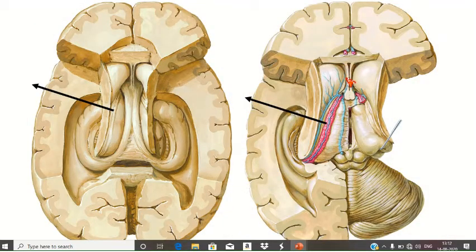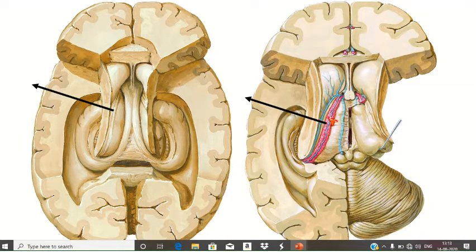Let me show you all the structures over here. Here is the superior surface, or upper surface, of the thalamus. Here you can identify the stria terminalis, which is a band of nerve fibers running over the superior surface of the thalamus. And here you can identify the thalamostriate vein.